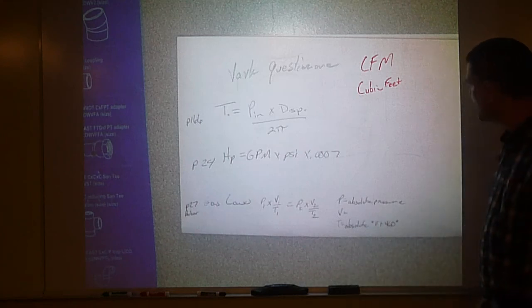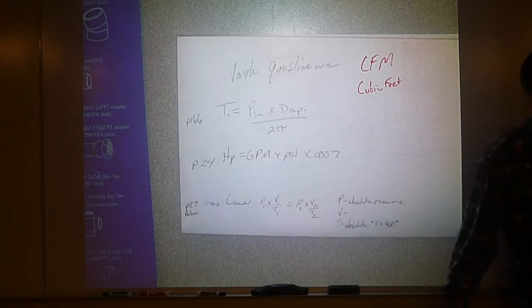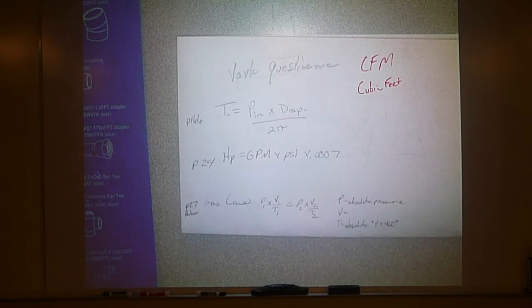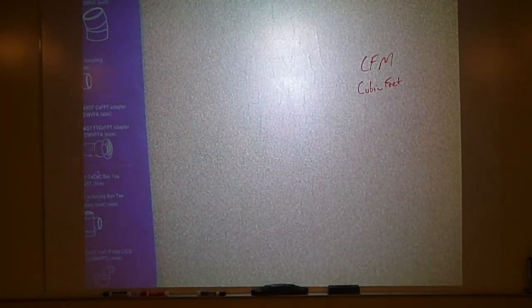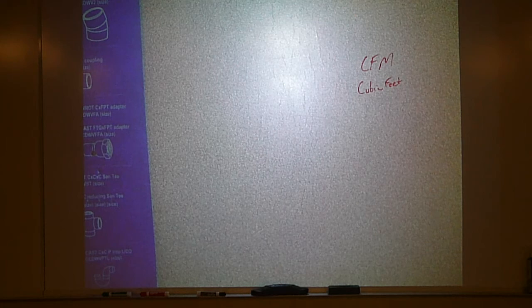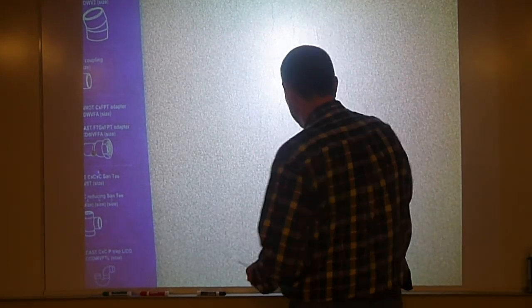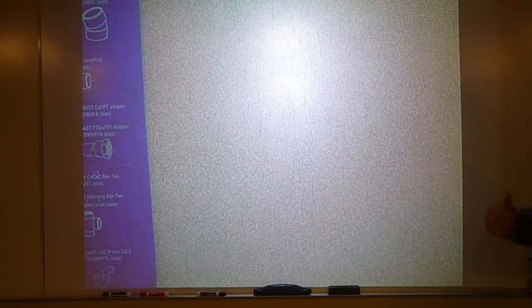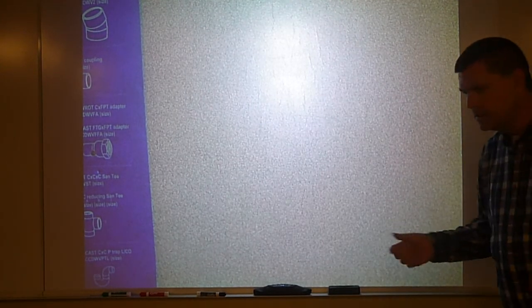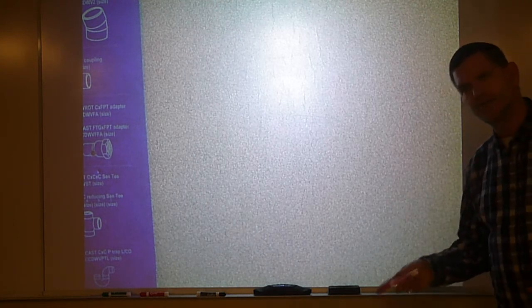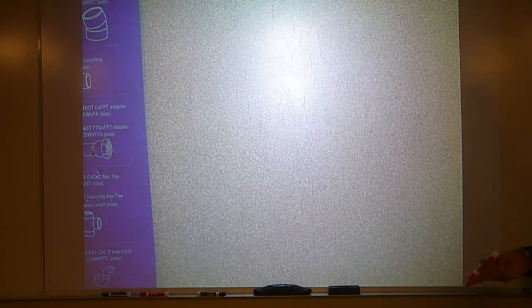That works for compressors. You can also use compression ratio. Your compression ratio works only if your air temperature stays the same to figure out free air delivery. So if your incoming air is the same as your outgoing air, if they're both 70 or 80 or 90 degrees, you can just use a straight compression ratio.